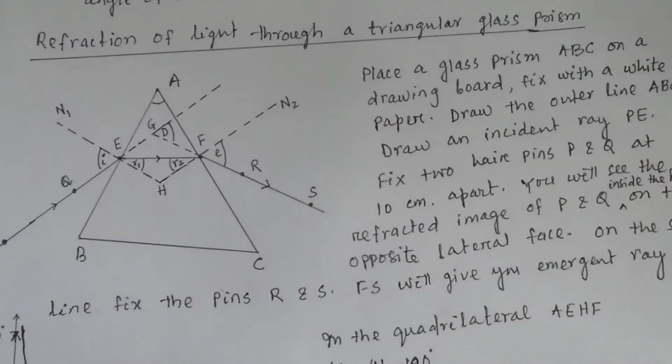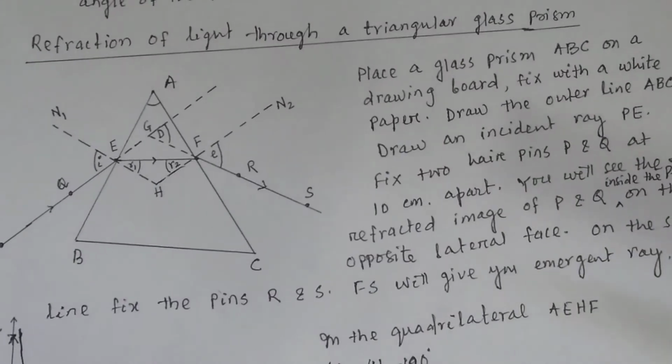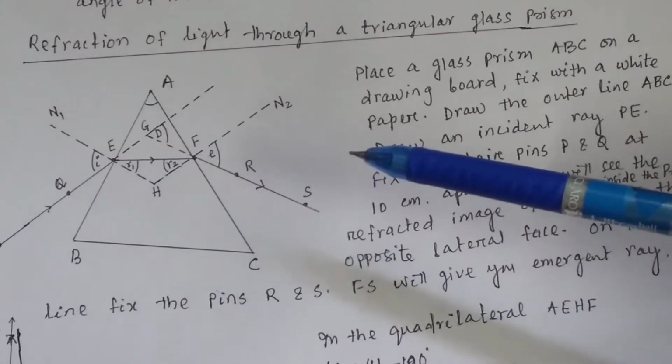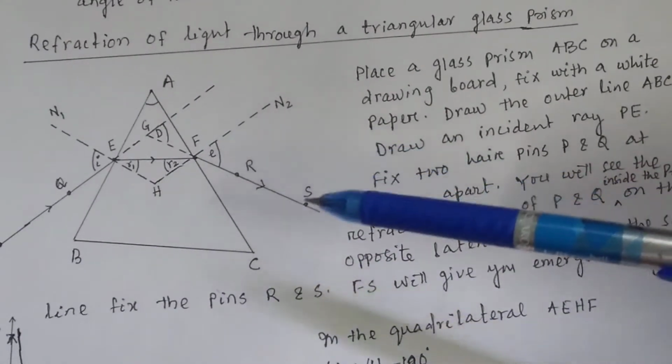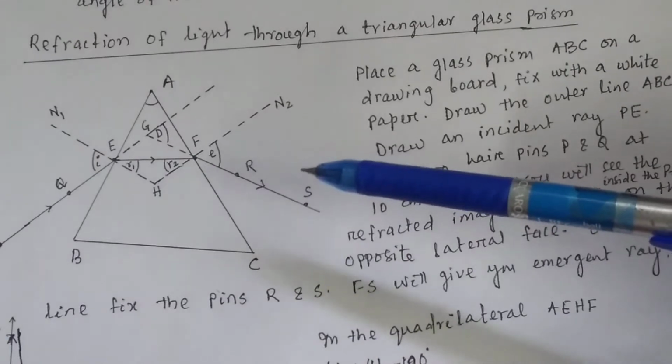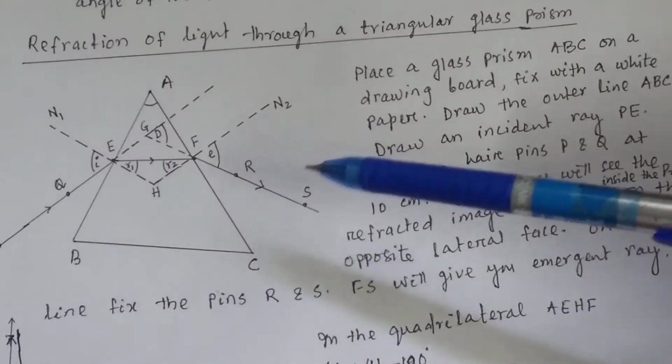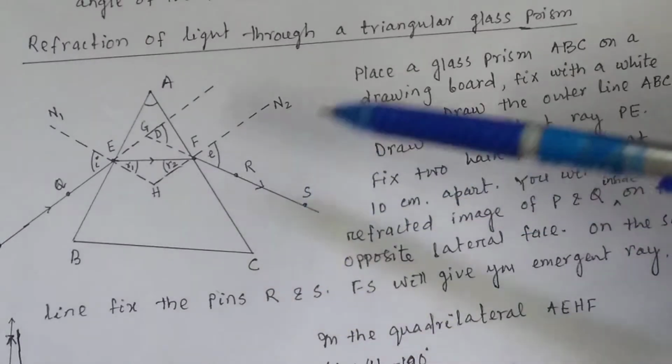Now we will do a simple experimental procedure to see how refraction occurs in a triangular glass prism, and also we will derive the formula for the refractive index of the glass.